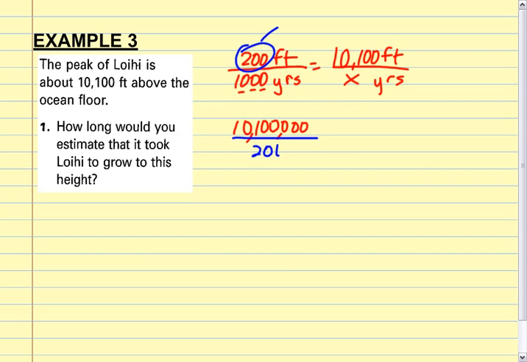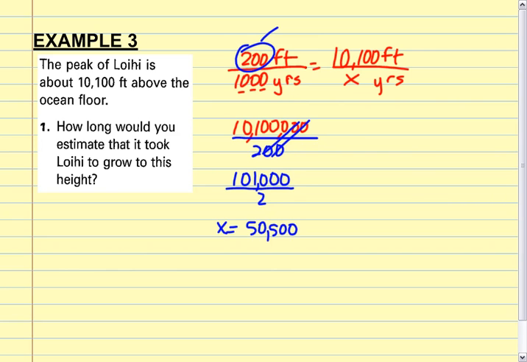Remember, we can always cancel our terminal zeros, and that's going to give me 101,000 divided by 2. Well, I know 100,000 divided by 2 is 50,000. So this has got to be 50,500. That's what x equals in this one.